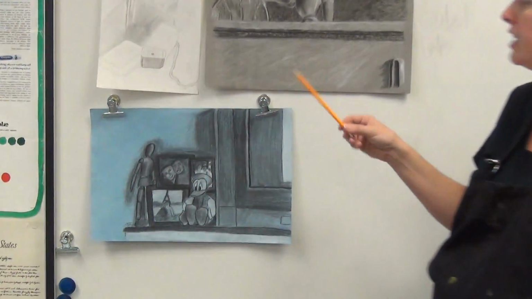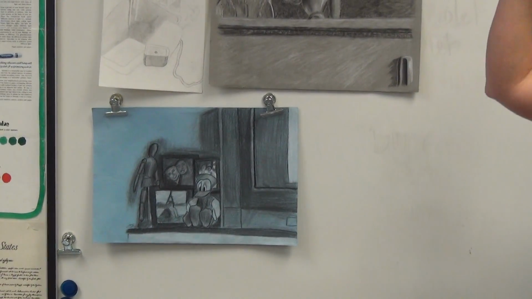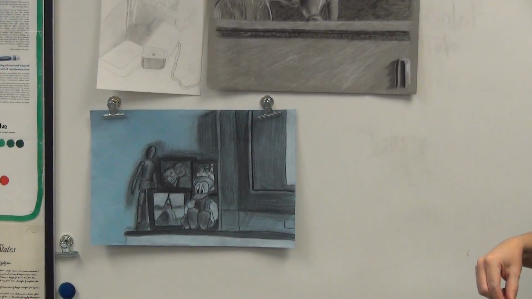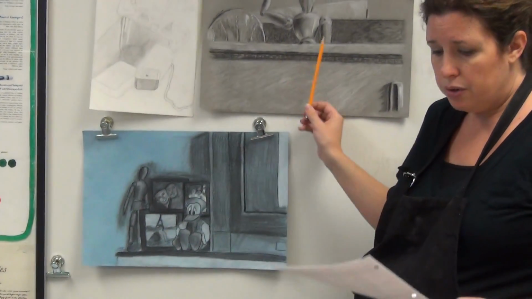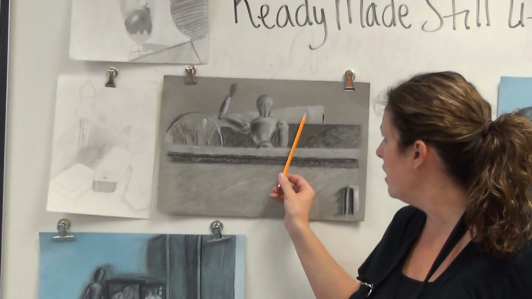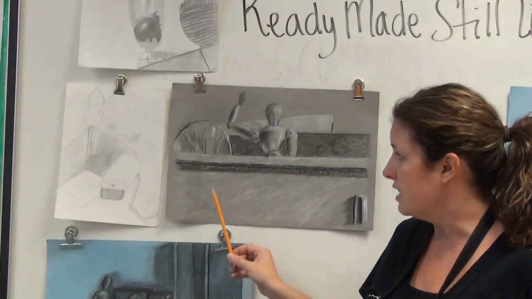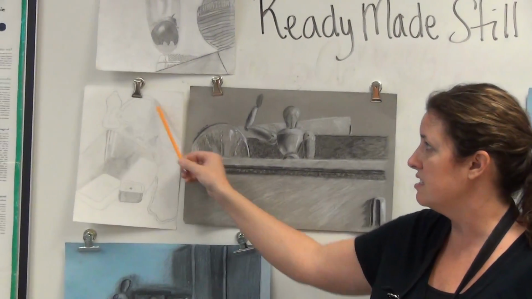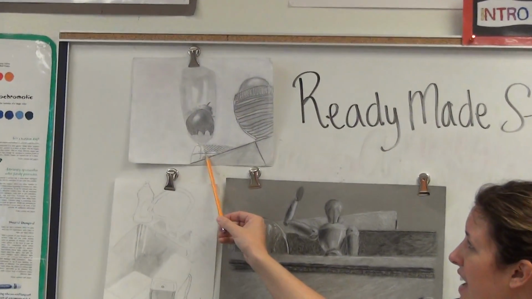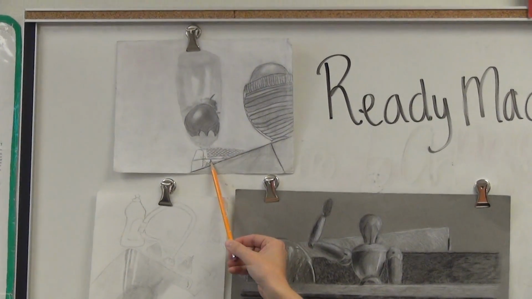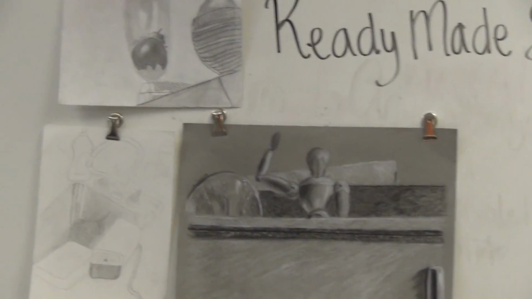But if you see a shadow on a wall because of the object, include that shadow on the wall. Include all, like every object in here has values in it. This one obviously is not done because it's still a line drawing. This one's better, although this is still line versus values. Okay, so keep that in mind.